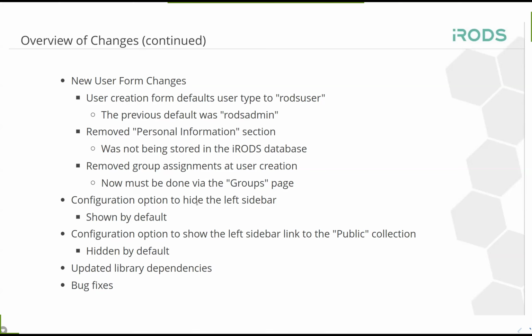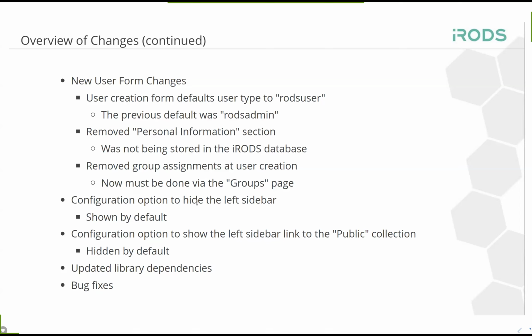Another change was that there's a left sidebar that you'll see in the next couple slides in Metalnx, and we added a configuration option to hide that left sidebar in case people don't want to see it. But it is shown by default, so there's no change with the default behavior for that one.